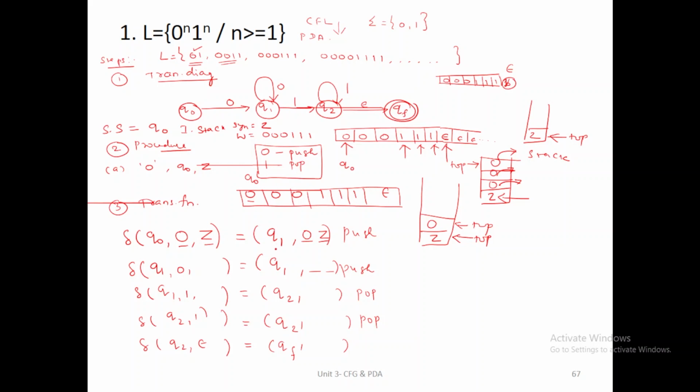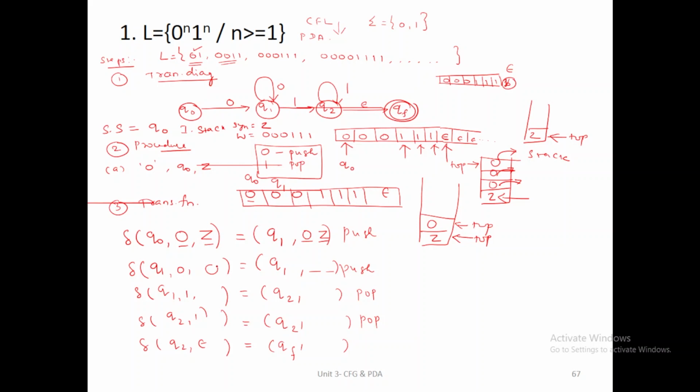Now, what is your current state? You are in the Q1 state here. If Q1 with the 0 input, you stay in the same state, so Q1 is there. Now you are reading the second value, the topmost value is 0.